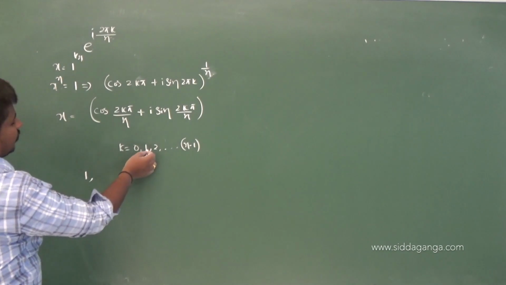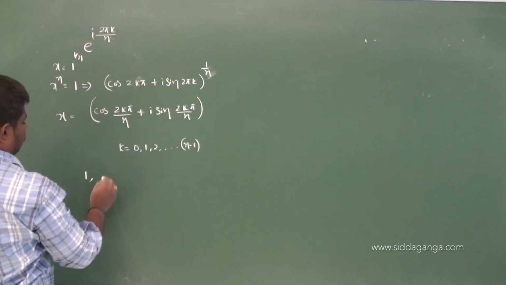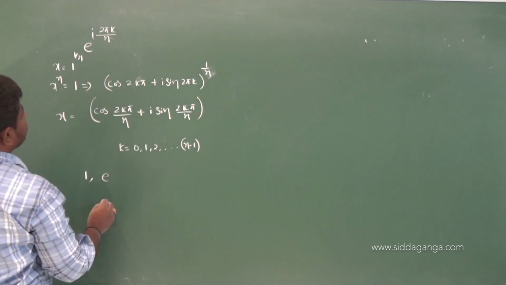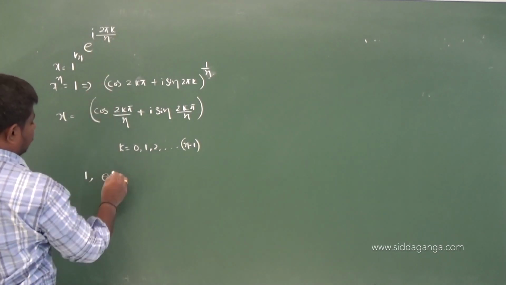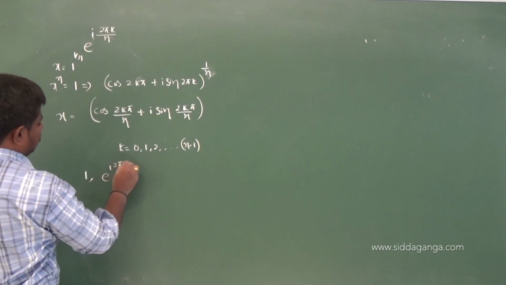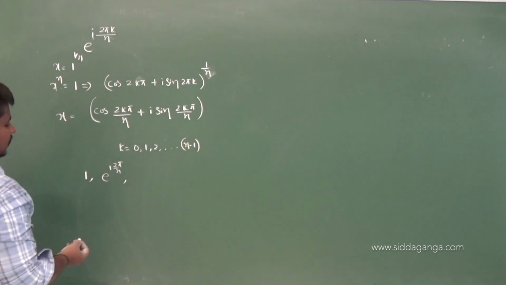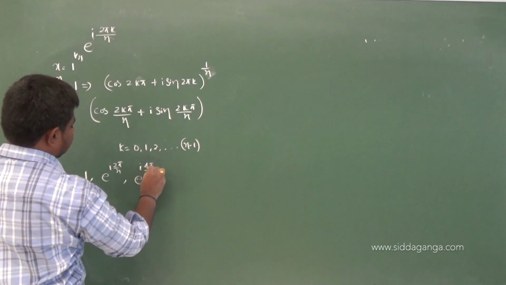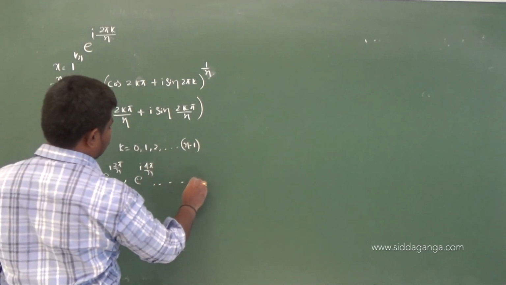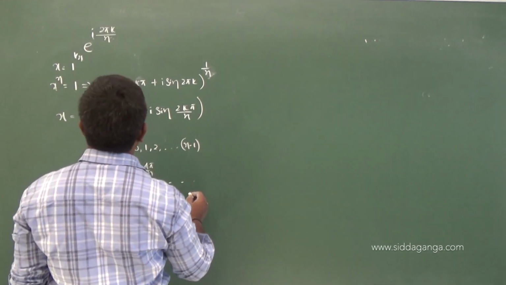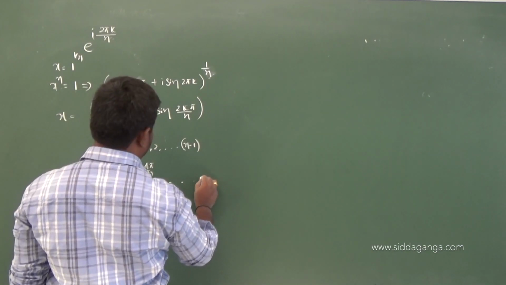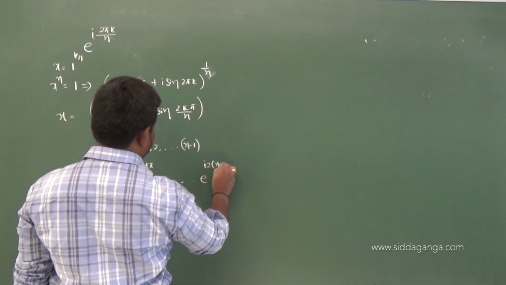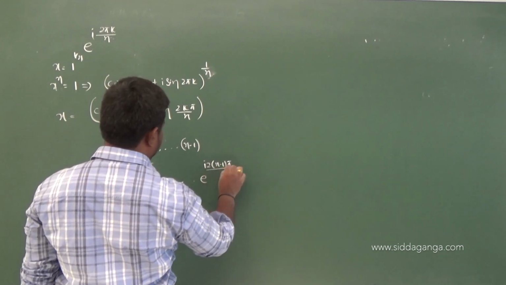If k is 1, you get e power of i into 2 pi by n. And if k is 2, e power of 4 pi i by n, and so on. At last, if k is n minus 1, you get e power of i into 2 into (n minus 1) into pi by n.